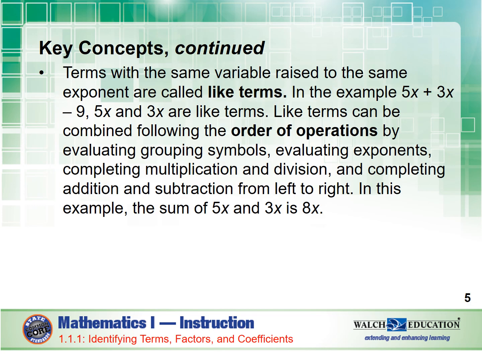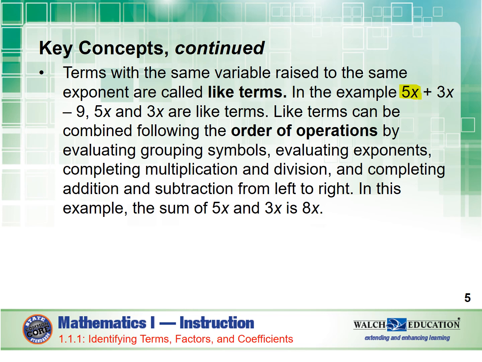So terms with the same variable raised to the same exponent are called like terms. So we have another example: 5x plus 3x minus 9. You're looking for like terms. And in middle school, you guys definitely did combining like terms, so this might start to ring a bell. We are going to look for things that are the same and that are raised to the same power.